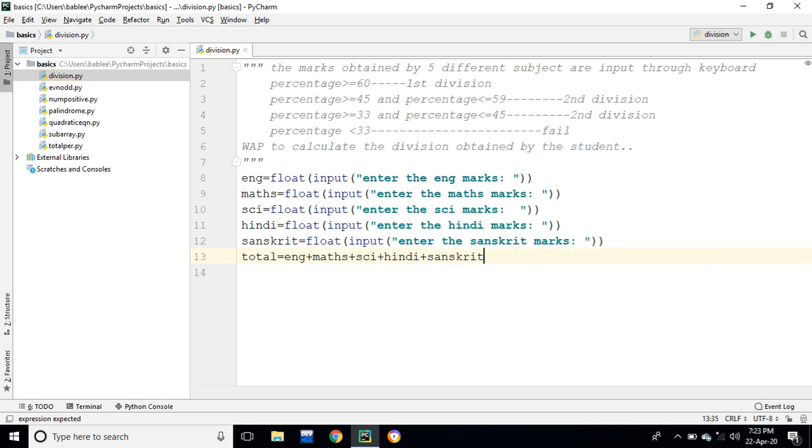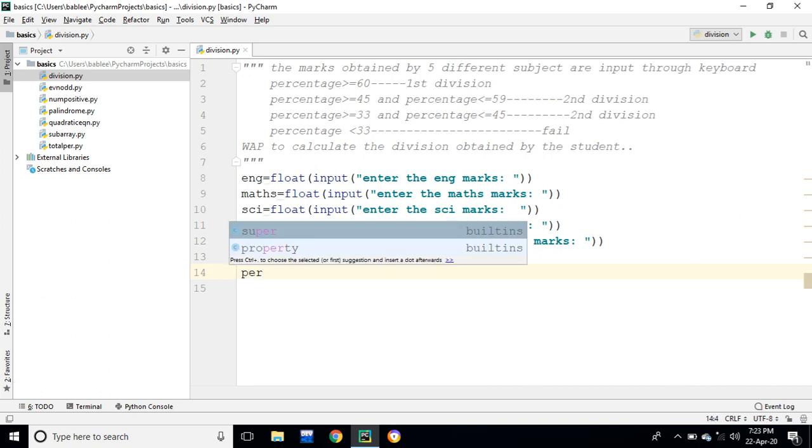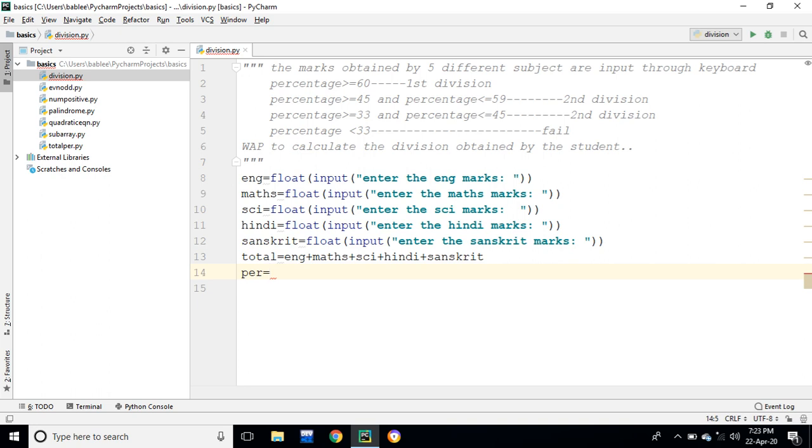So we have total, and now thereafter we have to calculate the percentage obtained by the student in the 5 subjects. So we have the variable named per is equals to total, how much the student got in total, divided by the total number of subjects, 1 2 3 4 5, so divided by 500 into 100.